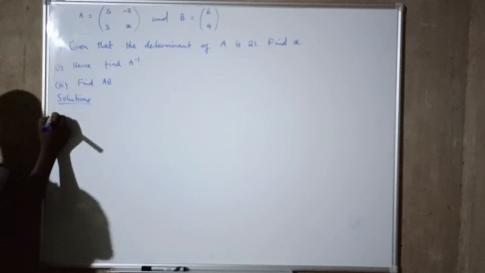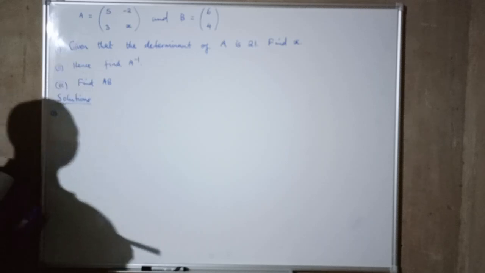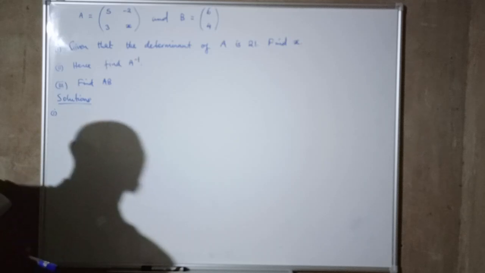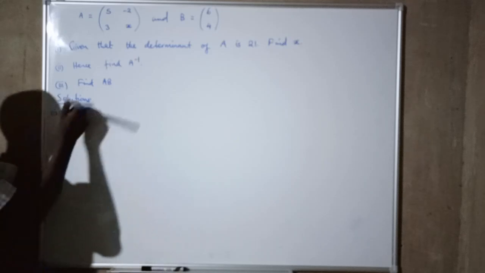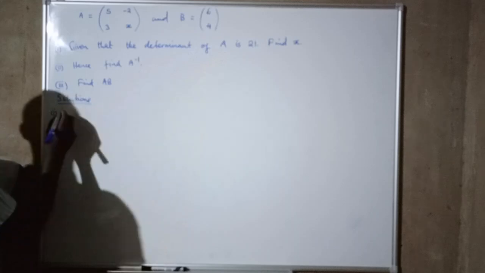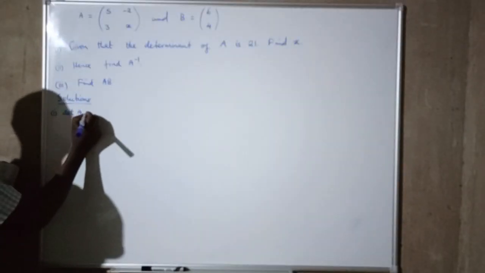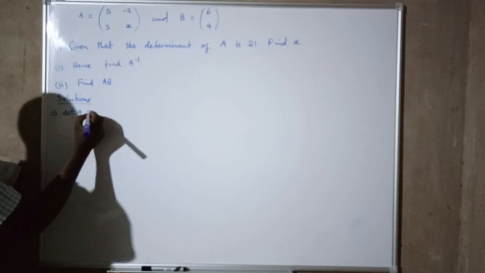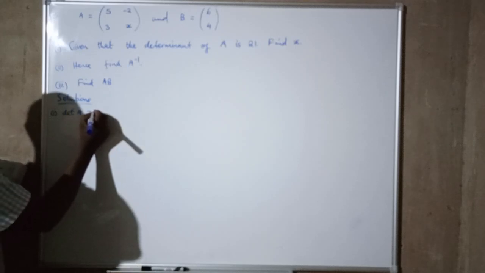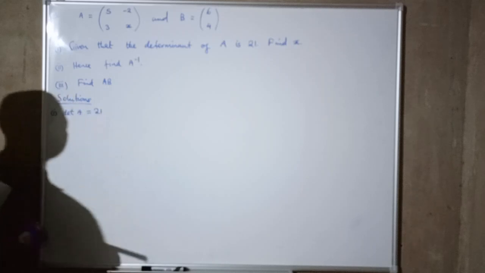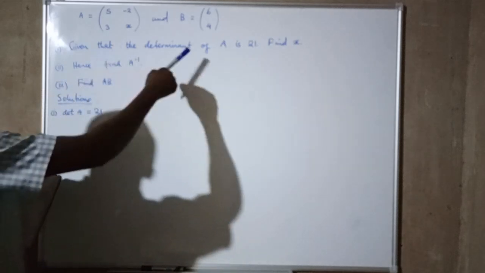So we are dealing with Roman numeral 1, where we are told that the determinant of matrix M, you write the determinant of matrix M is equal to 21. Okay, that's what it has said here.